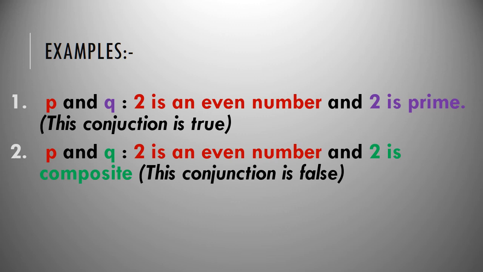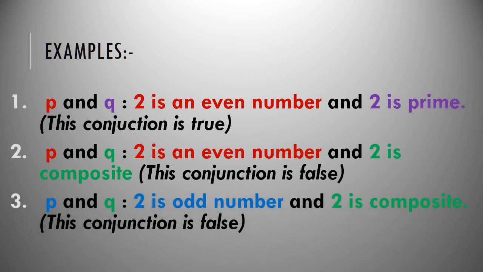So when both are true, the resultant statement is true. When one of them is true and one of them is false, the resultant statement is false. And when both are false, obviously the resultant statement is false. For example, 2 is an odd number and 2 is composite is a false statement. So I hope you got it, the note I had written in the previous slide regarding the conjunction operator, in which in the truth table we also observed that true and true give rise to a true statement.